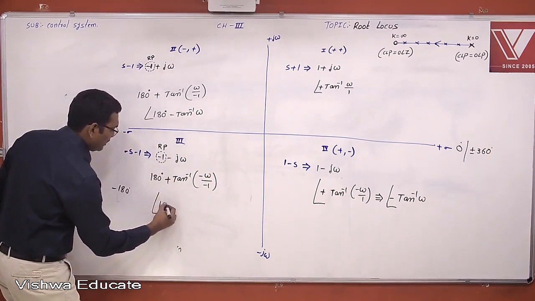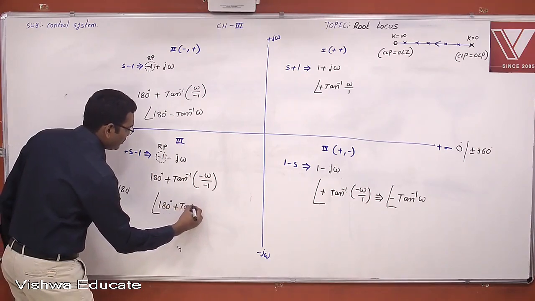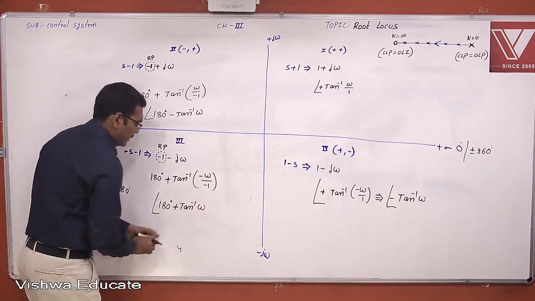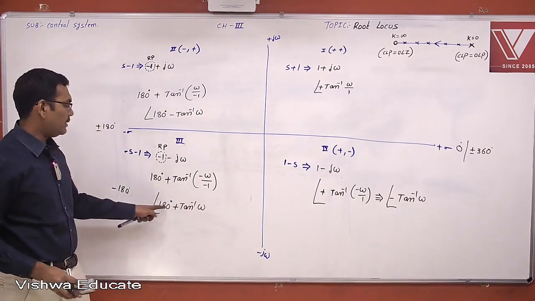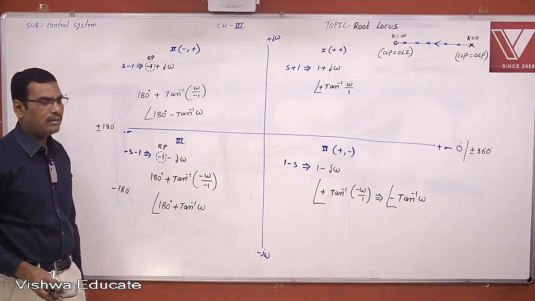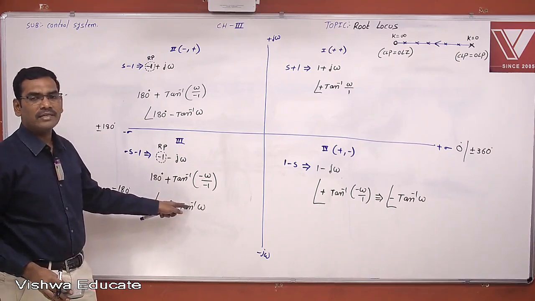Therefore, the phase angle is 180 degrees plus tan inverse omega.